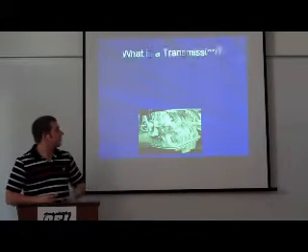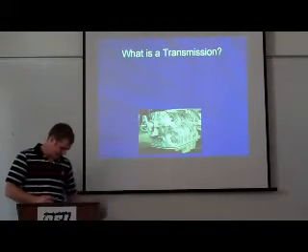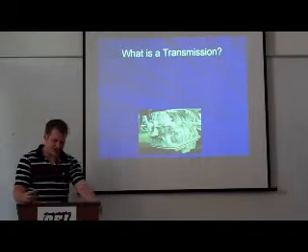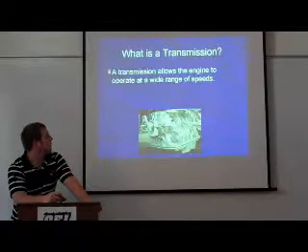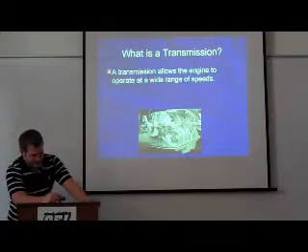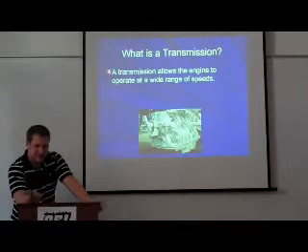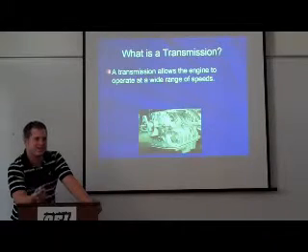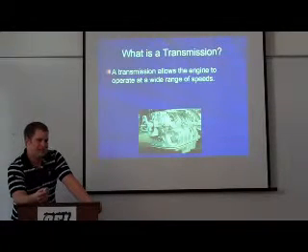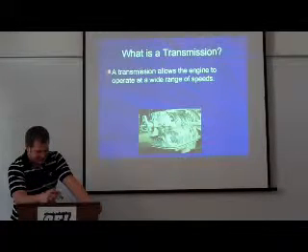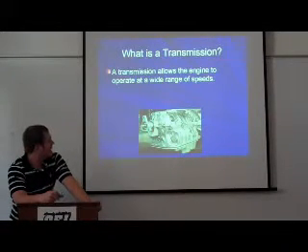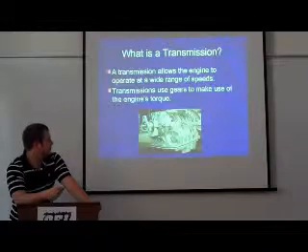Next is, what's a transmission? I'm pretty sure everybody has a general idea of what a transmission is. But what it does is, since your engine only operates from, say, 1 to 6,000 RPMs, and it does that all throughout whatever speed you go, the transmission takes the power from the engine and uses the gears in the transmission right here.